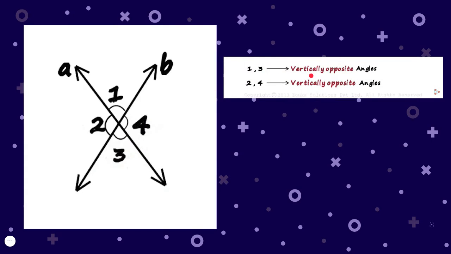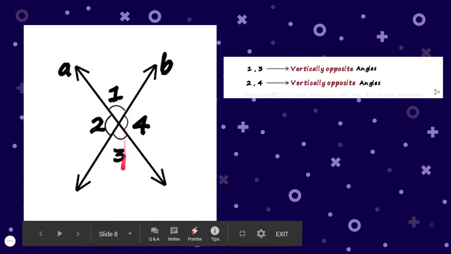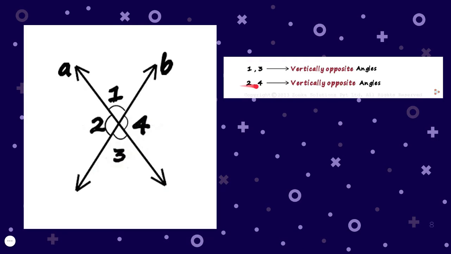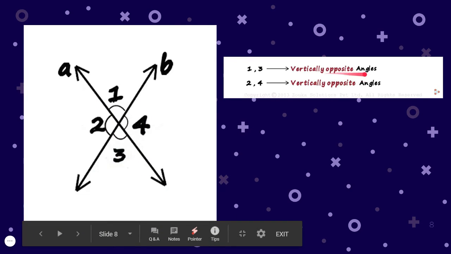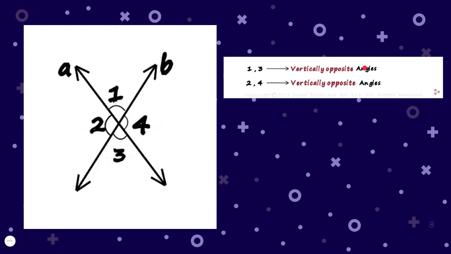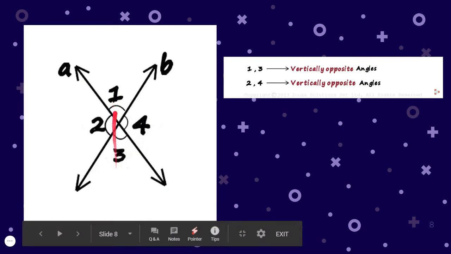Now let us see which ones are going to be vertically opposite. If you can see clearly, 1 and 3, which are at the opposite ends, are going to be vertically opposite angles. Also, the other pair is going to be 2 and 4. 2 and 4, 1 and 3, they are going to be vertically opposite angles. As you can see, they are opposite to each other.